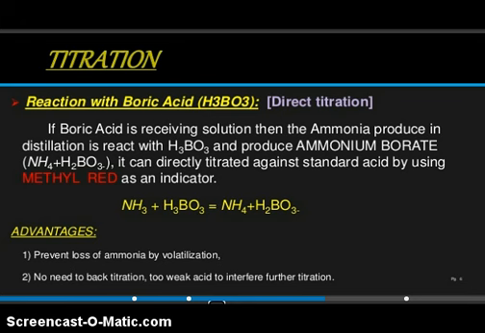So NH3 plus H3BO3 gives NH4+ plus H2BO3-. What are the advantages? Prevents loss of ammonia by volatilization. No need for back titration. Too weak an acid to interfere with the titration.